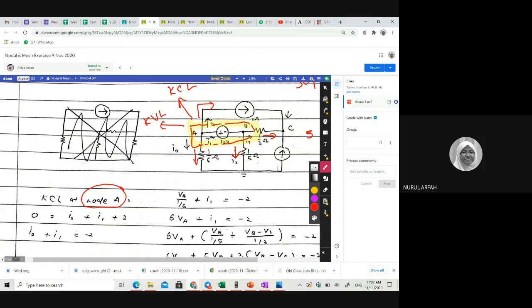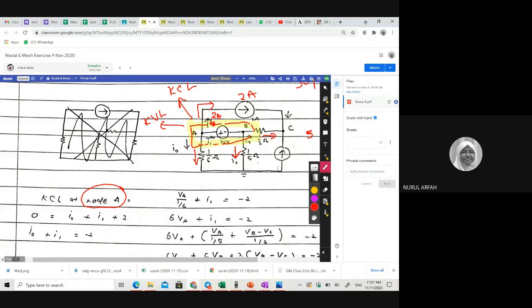Okay, so this is 2 amps. Obviously, I think this is wrong. Where is I note? And then I1. This is not I2, Aisha. It should be 2 amps.